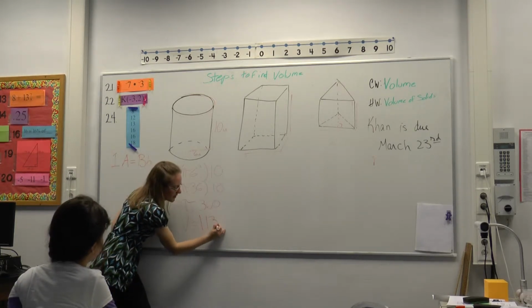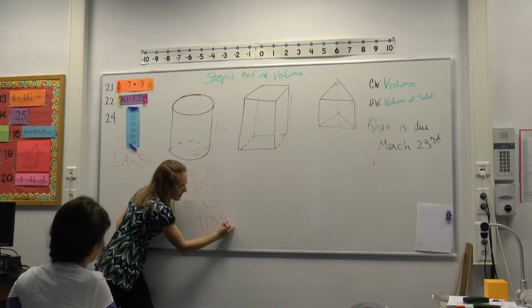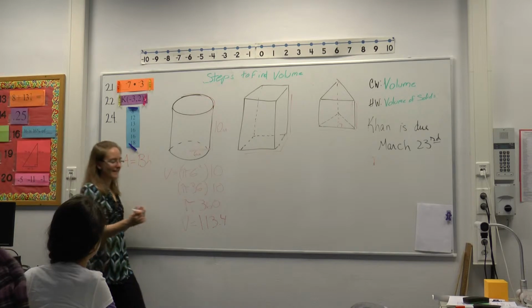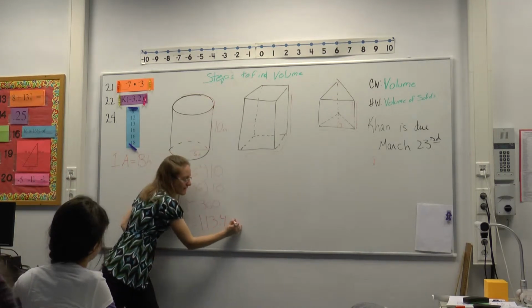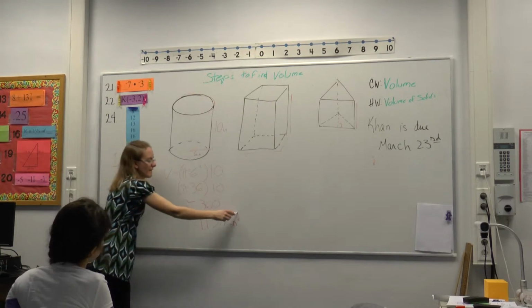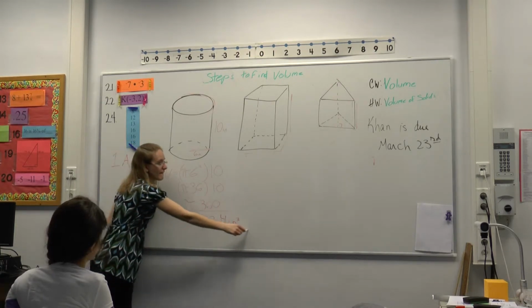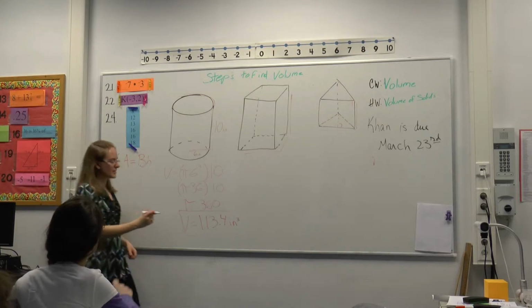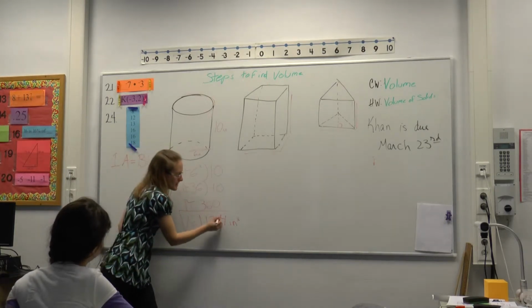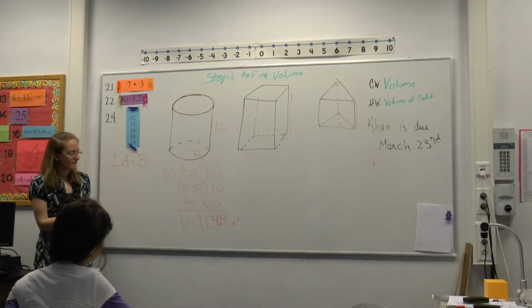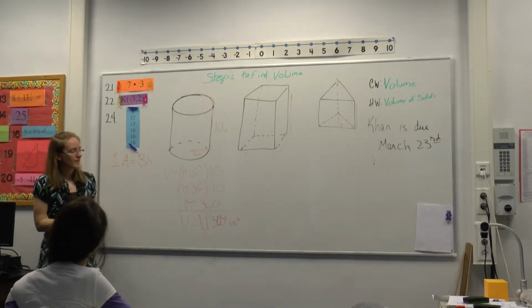And what about the units? Inches cubed. Your number's wrong, it's 1,000. A zero. Oh, I'm missing a zero right here. There we go. Do you guys agree?